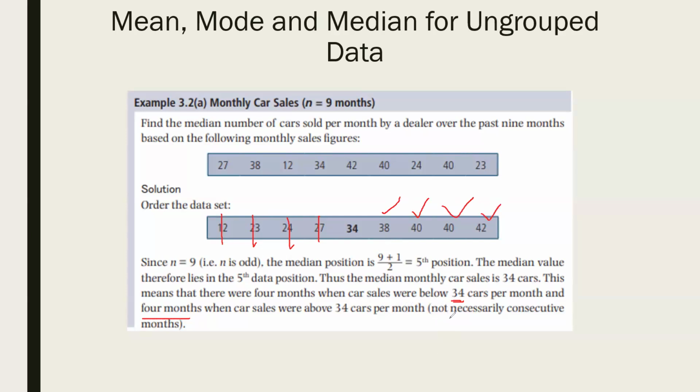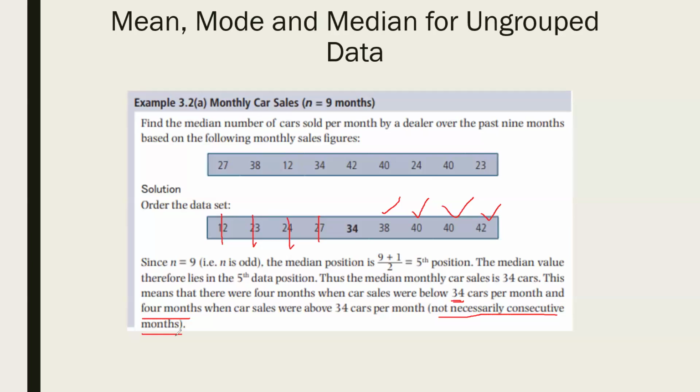Now, this doesn't have to be necessarily consecutive months. Because remember, we sorted the data from the smallest value to the largest value. So the issue of consecutive months was not considered here, right? When we say 4 months where the car sales were above 34, it doesn't mean 4 consecutive months.